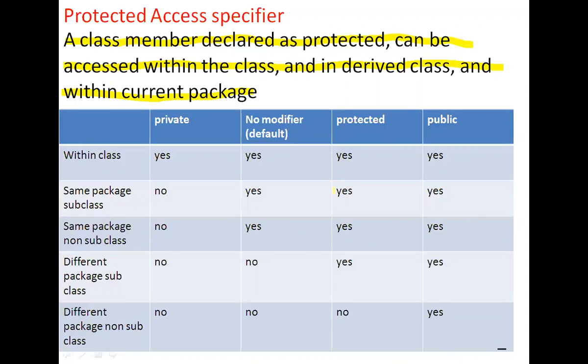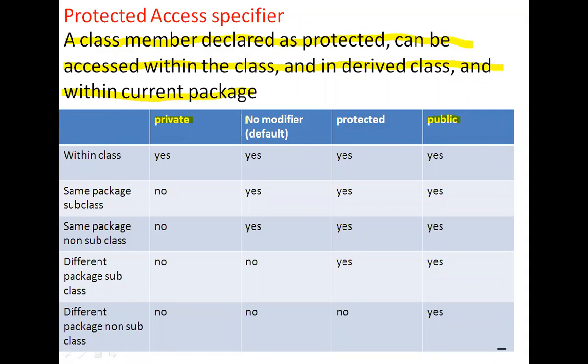A class member declared as protected is definitely accessible within the class, in the derived class, and in the current package. The access specifier which has the least accessibility is private, and public has the widest accessibility.